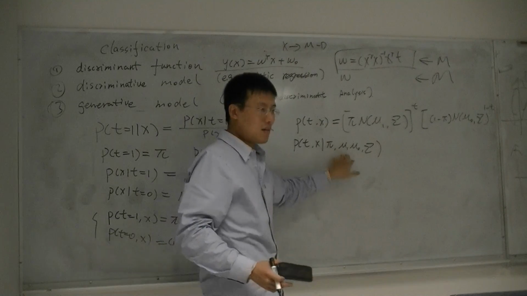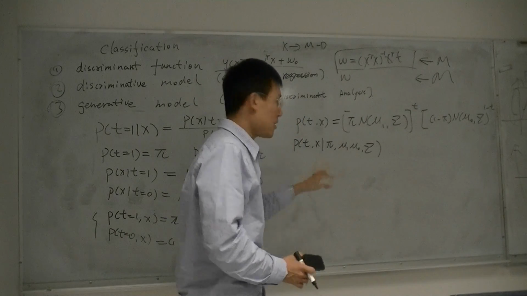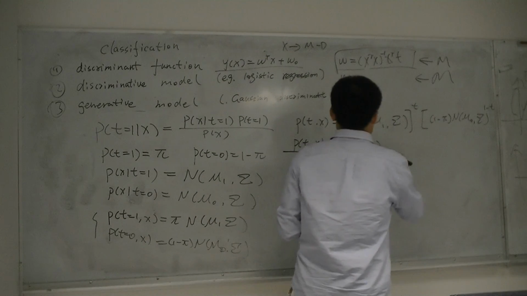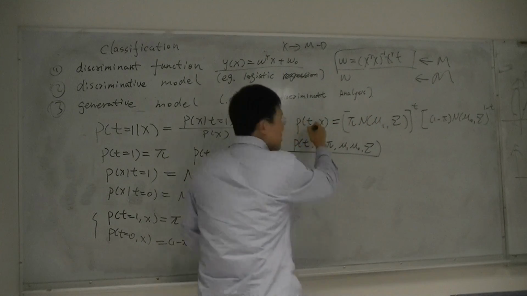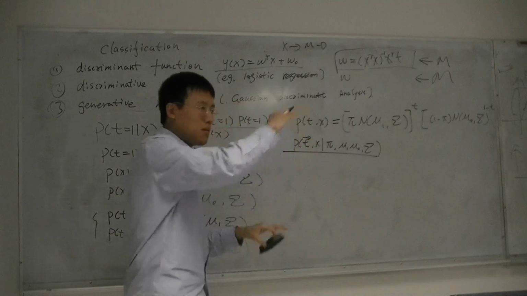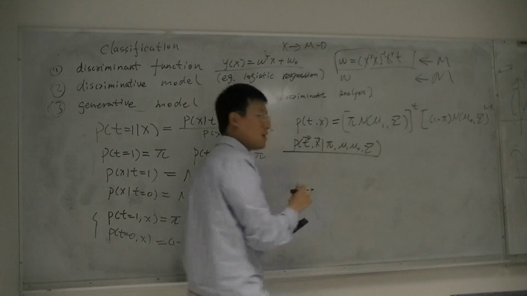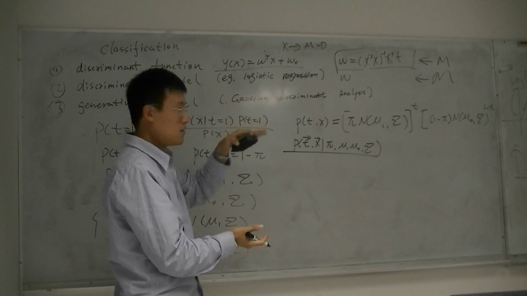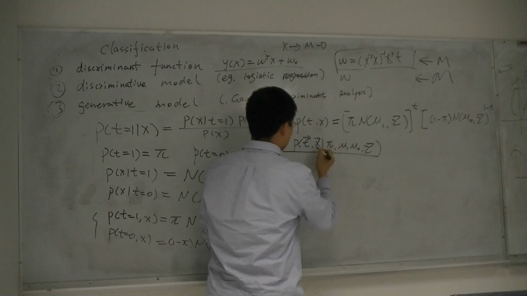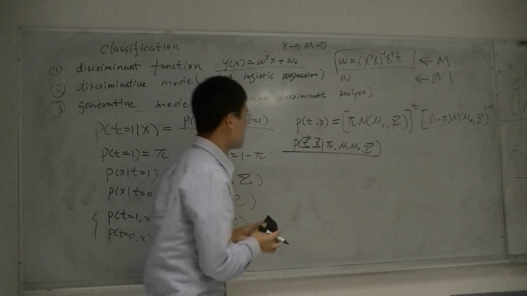In terms of these parameters, we maximize the likelihood. And here t is a vector, since we have a bunch of observations. And x is also a vector of a bunch of observations. It should be a capital X, maybe with a bar here, which indicates it's a bunch of observations.